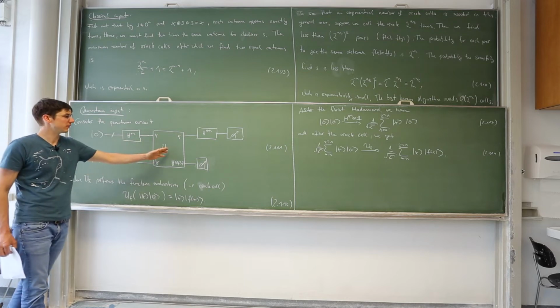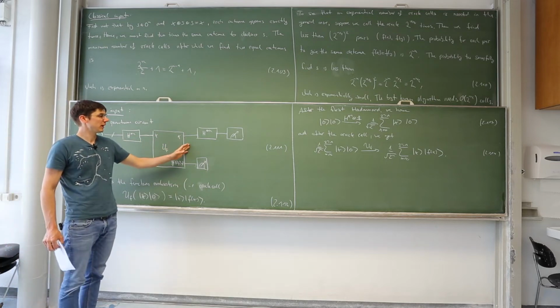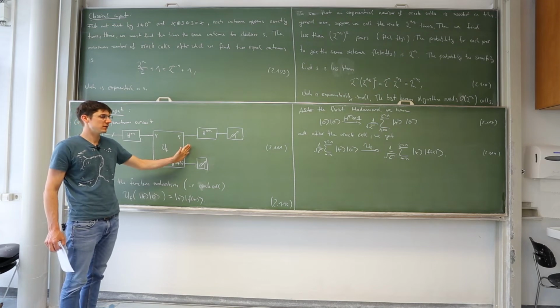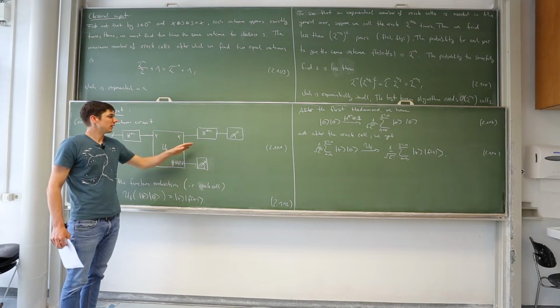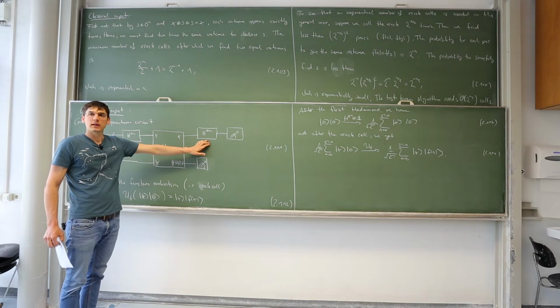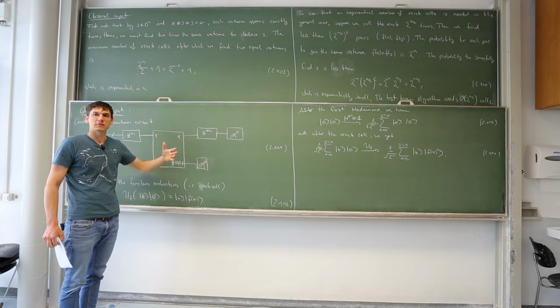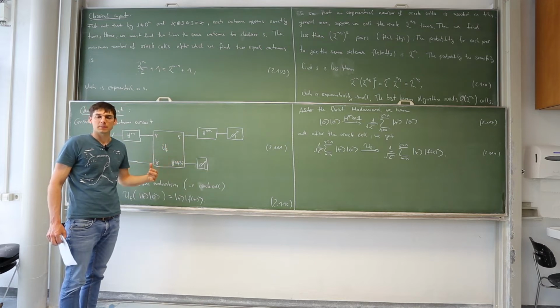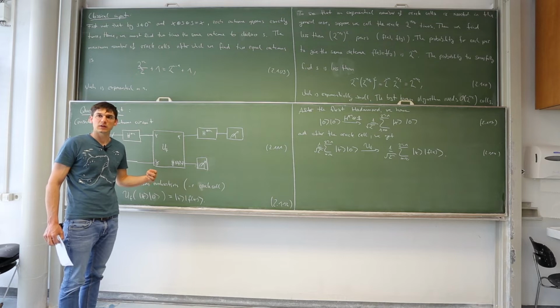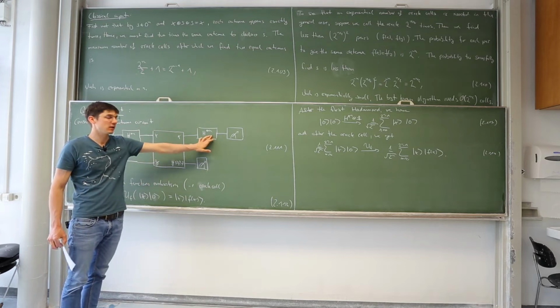So this is the very same scheme as for the Deutsch algorithm. And then in the end, after function evaluation, we have to Hadamard again, as we see here. And what this does is it uses interference such that we have constructive interference for our desired outputs. And then we perform the measurement.